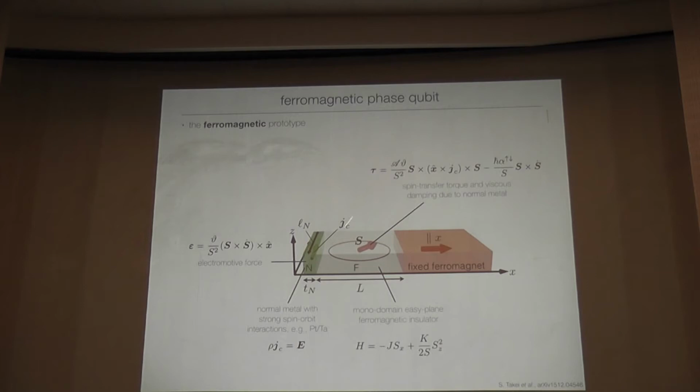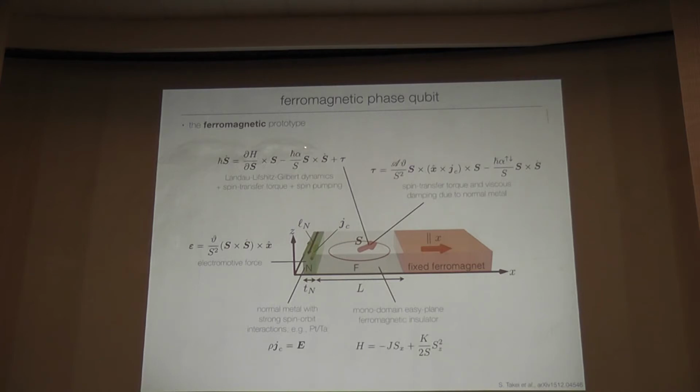And due to Onsager reciprocity, this torque term is going to give rise to an electromotive force due to the dynamics of the magnetization. This electromotive force can be written in this form, which is precisely Onsager reciprocal to this torque term. So the Landau-Lifshitz-Gilbert dynamics for this ferromagnet in the middle can be written in this form.